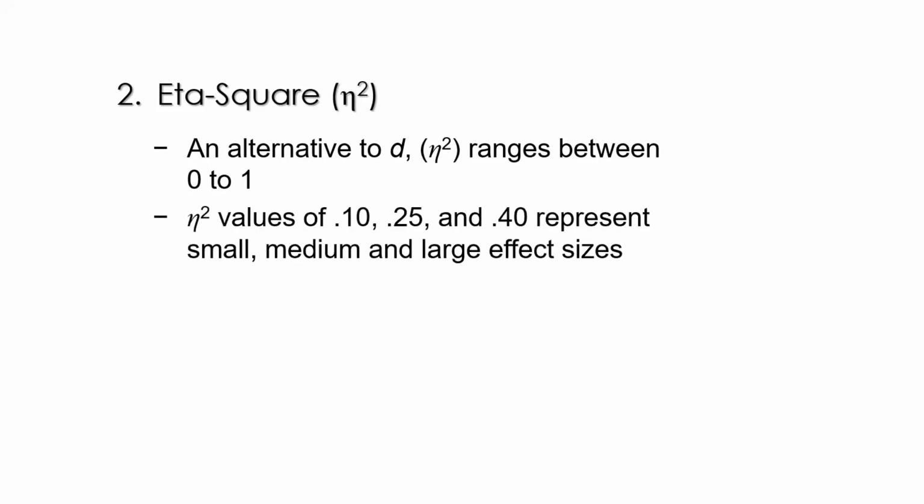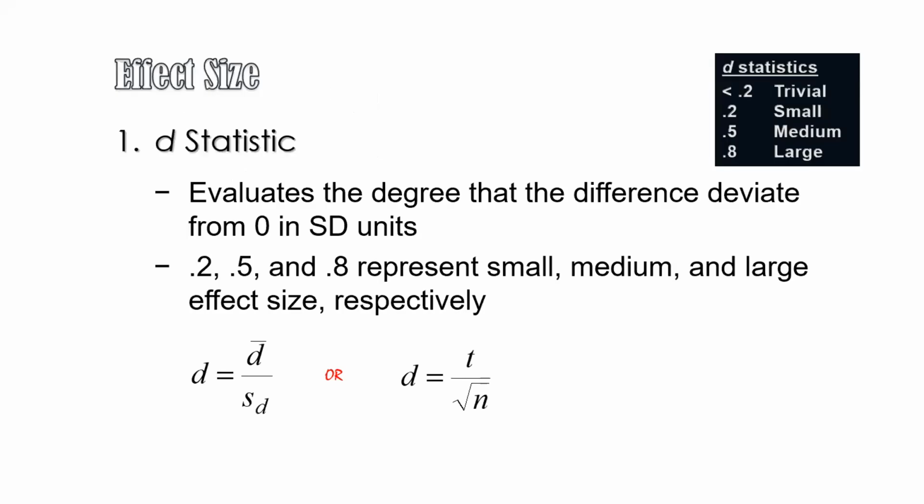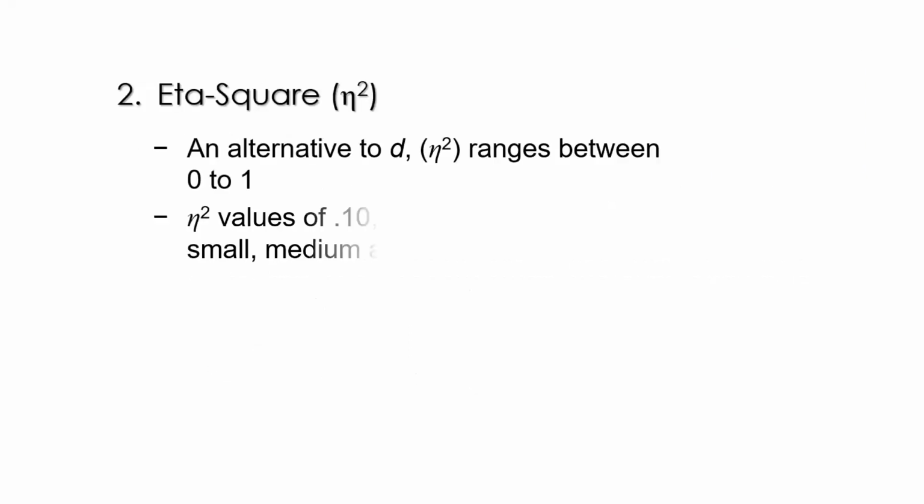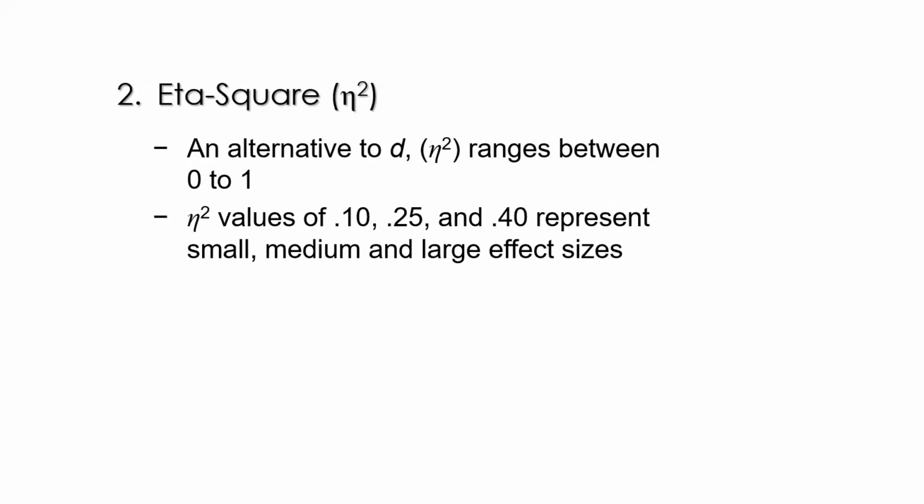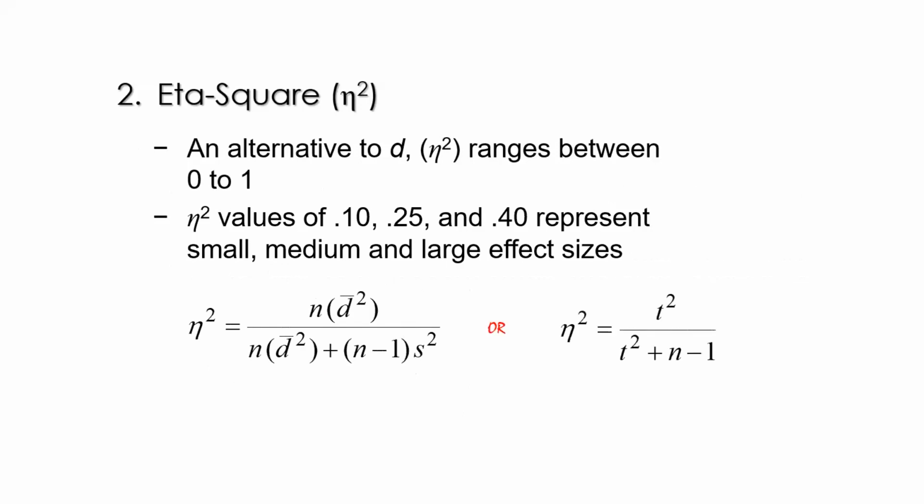Eta squared 0.1, 0.25 and 0.4 indicate small, medium and large effect size. Dia lagi kecil compared to D statistic, which is 0.2, 0.5, 0.8. Okay, so this is the equation.